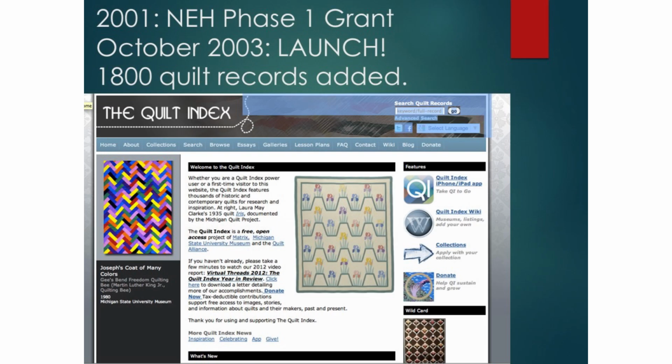After about 3 years of planning, we were able to launch the documentation, or the index, in 2003. And at that time, we only had 1,800 test pilot documentation forms in there.